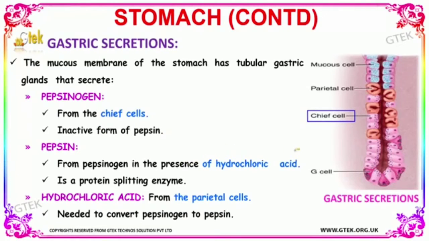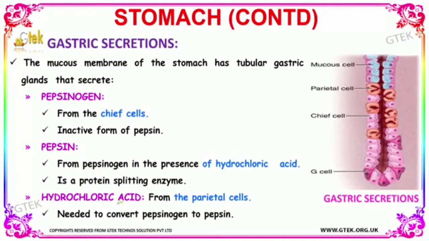Your pepsin, which is produced from the pepsinogen in the presence of hydrochloric acid, is a protein splitting enzyme. So that is about the pepsin.